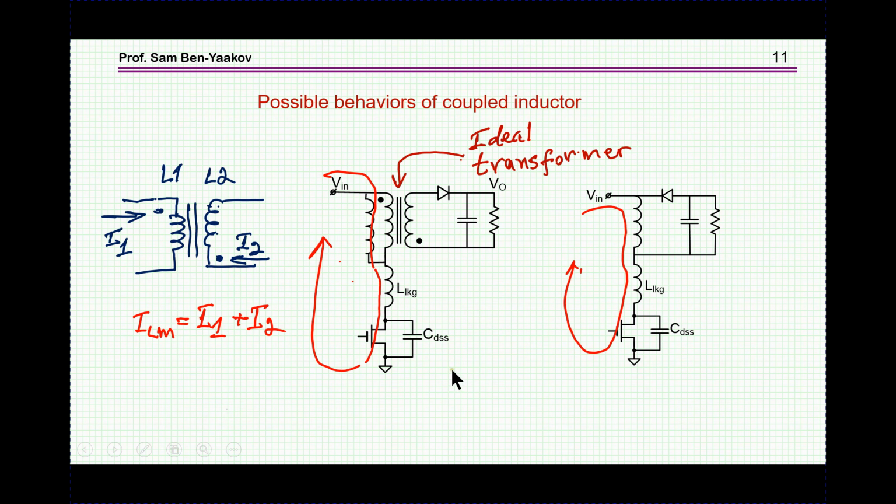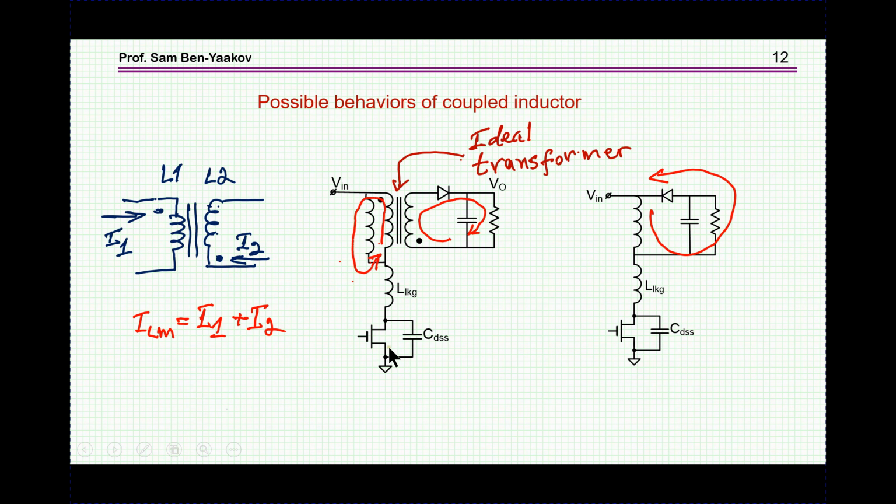I'm showing here a case in which we have a transistor turning on and current flowing through here this way, and in this case the inductance of this coupled inductor is being charged with energy, and this is the path of the current. Here it is shown this way. This is the current of the inductance.